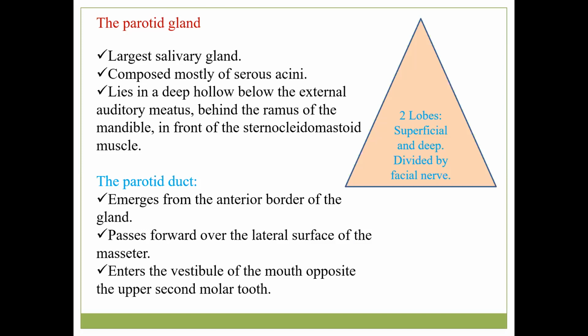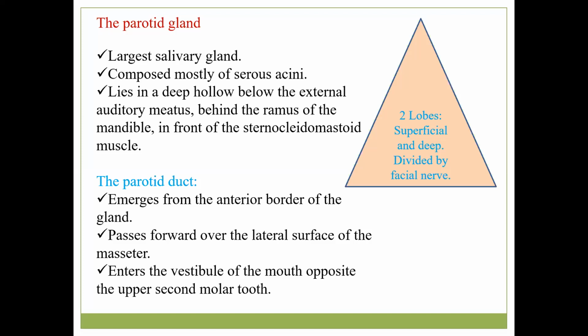These two lobes are divided by the facial nerve. So the facial nerve enters the parotid gland from behind and divides into its 5 branches inside the parotid gland and leaves the parotid gland as 5 branches. So that is a clinically important fact.